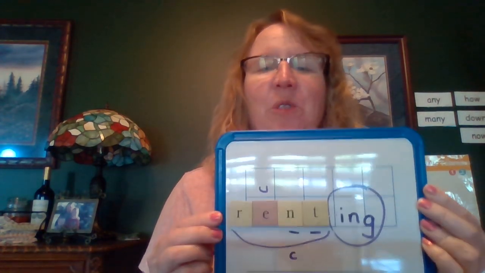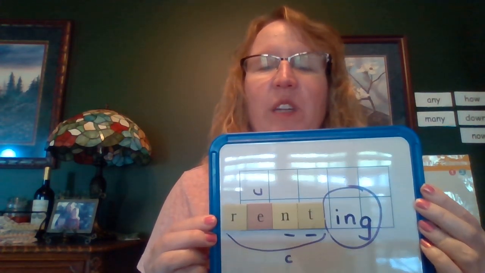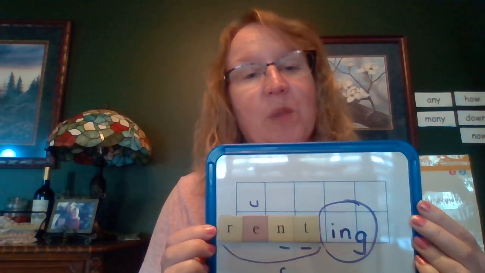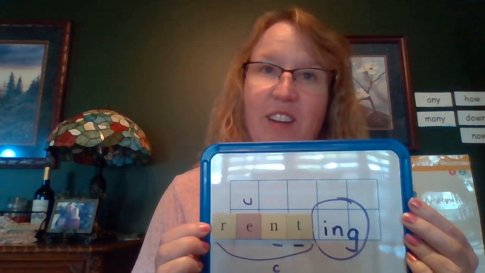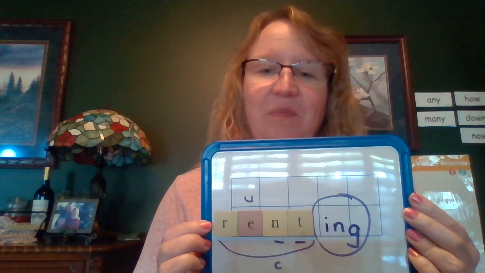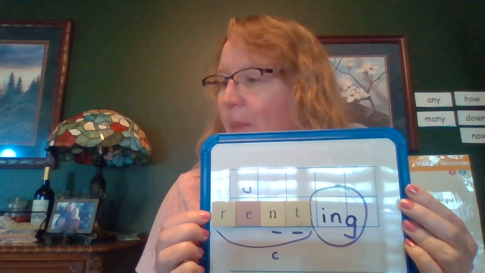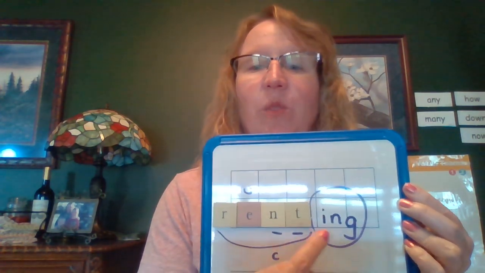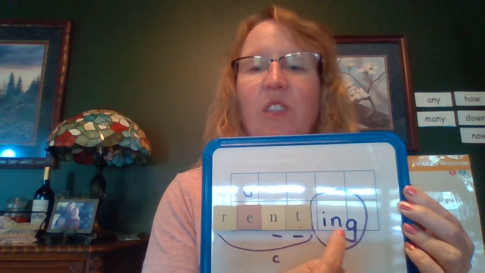Ugh, terrible, right? But you are renting, or I am renting this apartment right now, or I'm renting my home right now. Okay. So that means it's happening right now. So what is the base word? Rent. And what's our suffix? Ing. Good. All right. Let's see if I can come up with some more words for you.